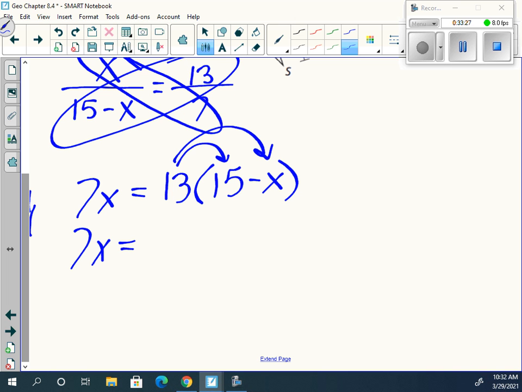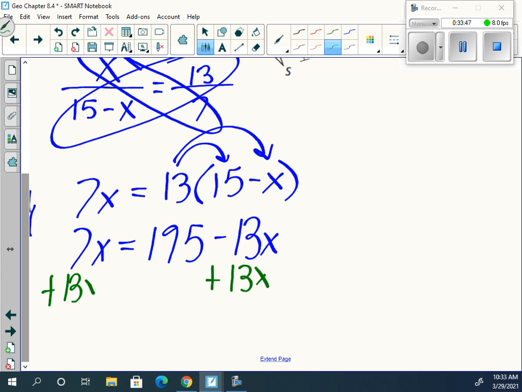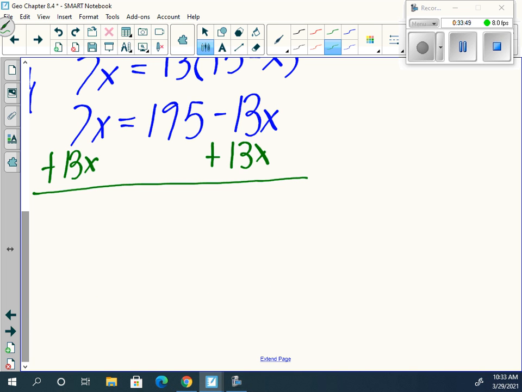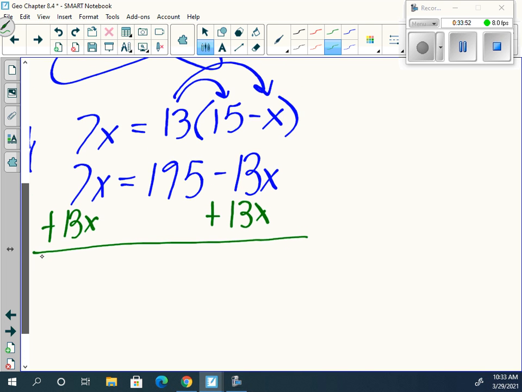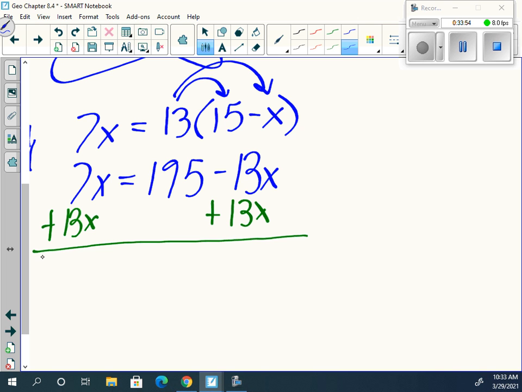So we do 13 times 15, which will be 195. So we've got to multiply through by the 13. Now we need to get the variables all on the same side. So we can add 13x to both sides. So 13x plus 7x would be 20x is equal to 195.